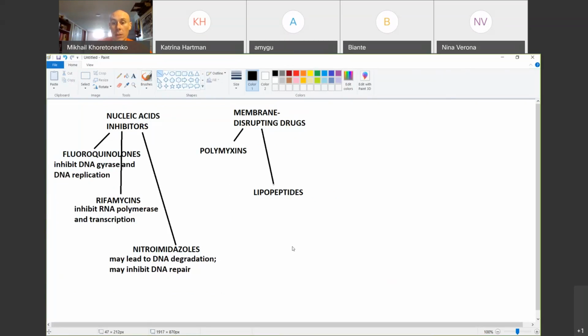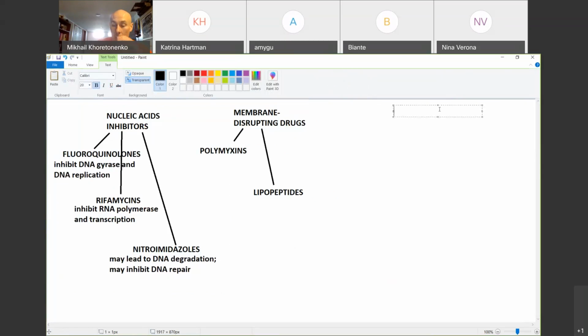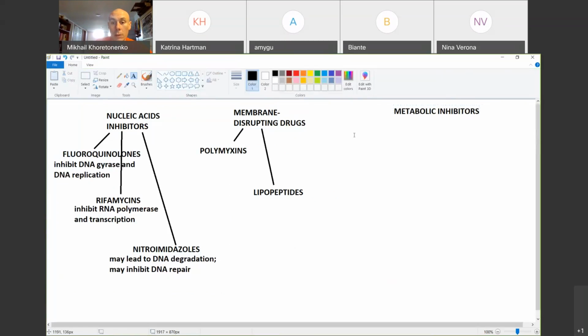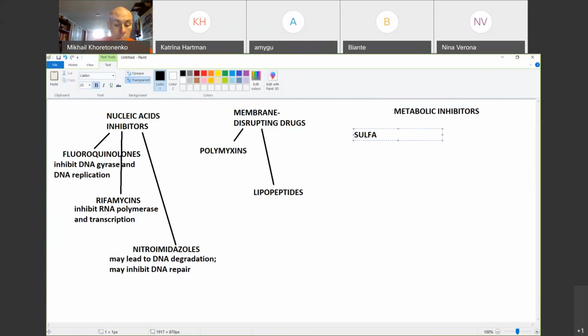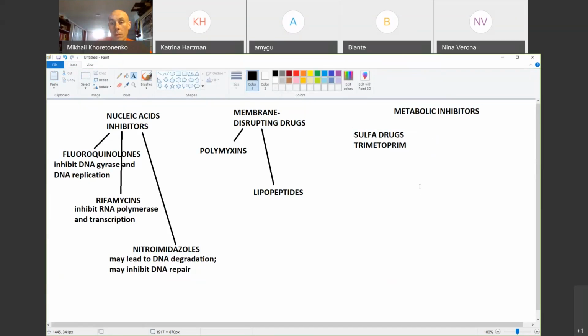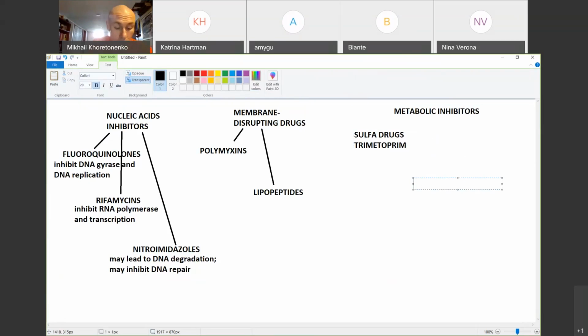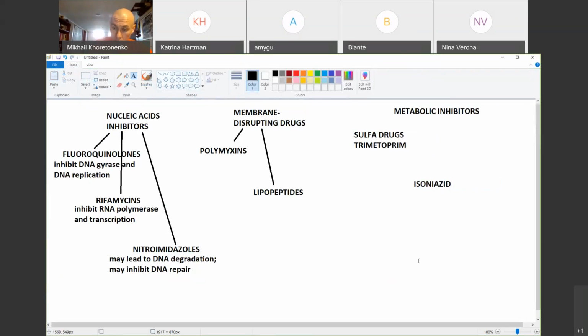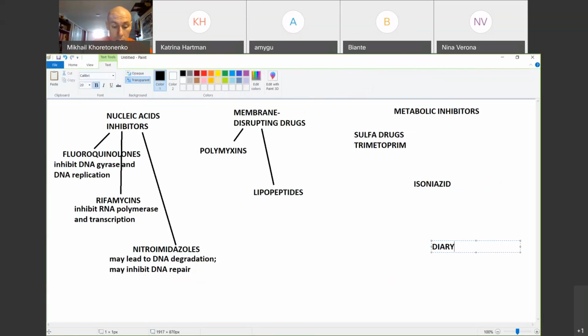And the last bit here will be metabolic inhibitors. So that's going to be sulfa drugs, trimethoprim, isoniazid, and diarylquinolones.